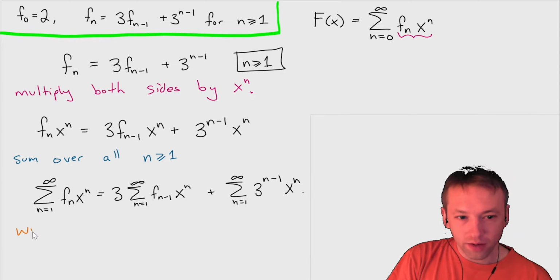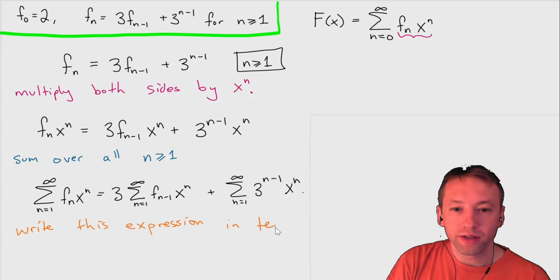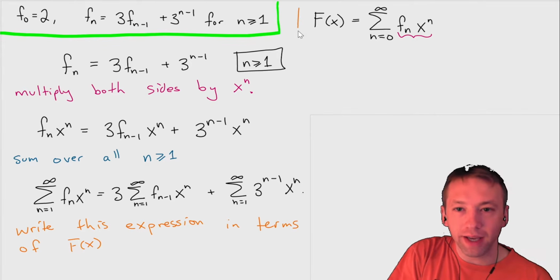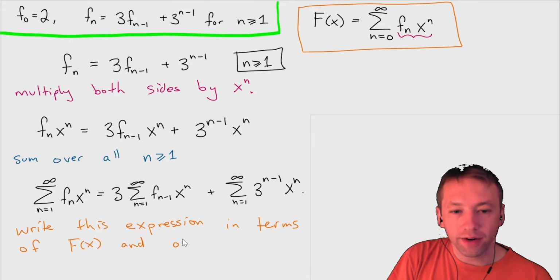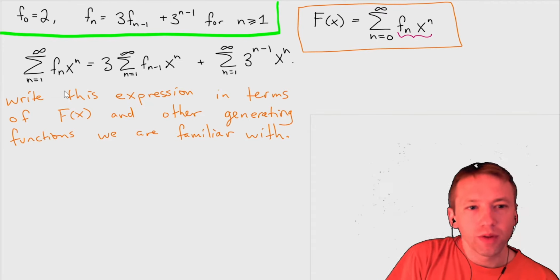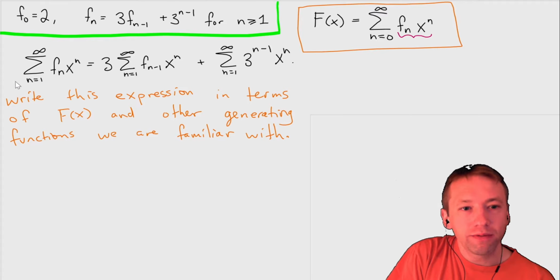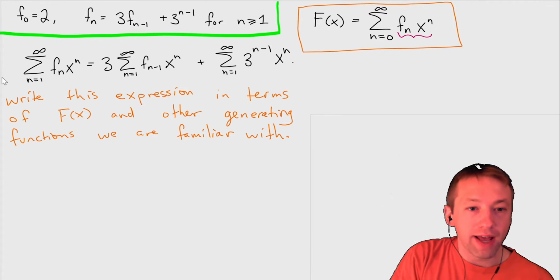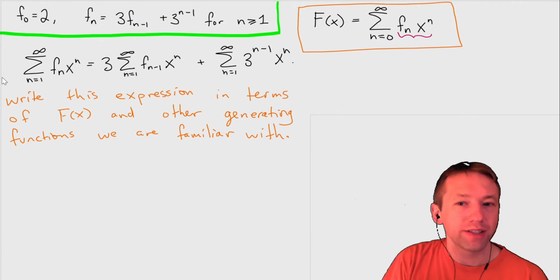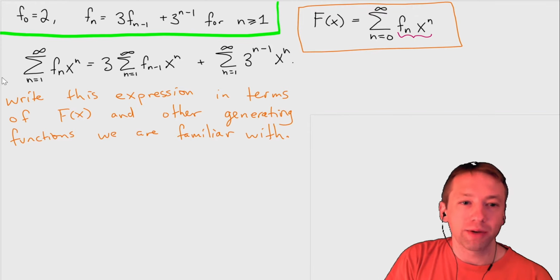So now the next step is to write this expression in terms of f(x), which is the function I defined at the beginning, and other generating functions we are familiar with. What do I mean by that? Well, for example, on the left side, we have the sum from n equals 1 to infinity of f_n x^n, which is pretty much the same thing as f(x), except that you're missing the n equals 0 term.